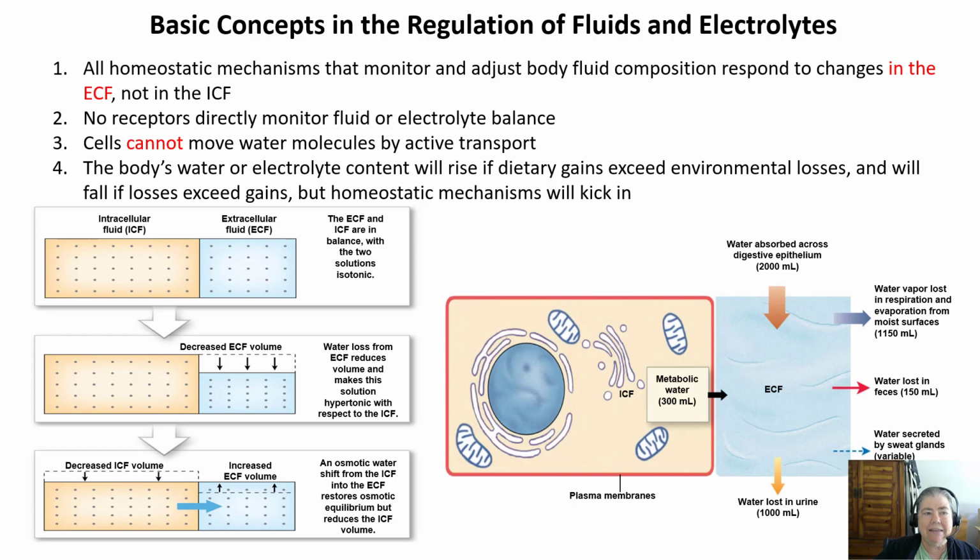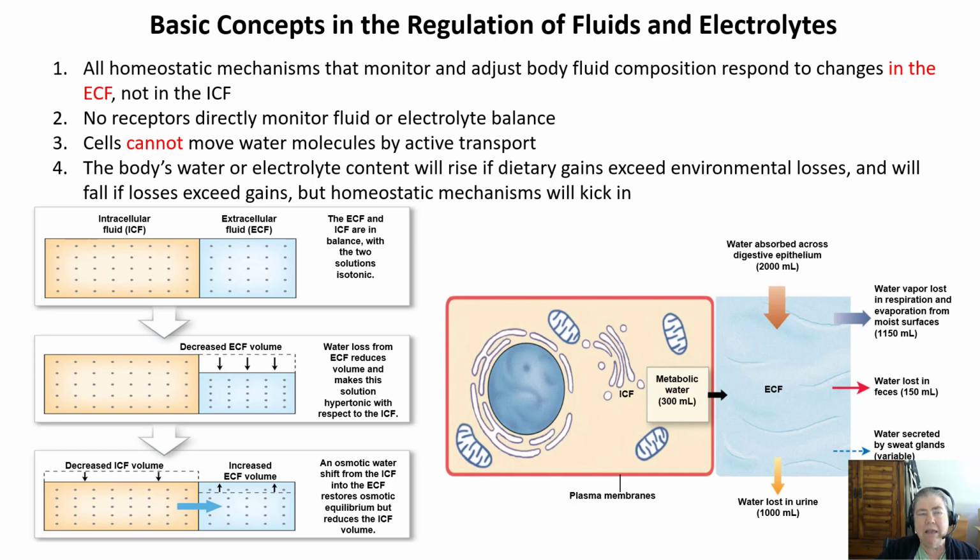Next, cells can't move water by active transport. Water movement is always passive, and it is diffusion and osmosis. And then next, if you increase intake of water or of electrolytes, say sodium, then the body's water and electrolyte contents will rise.